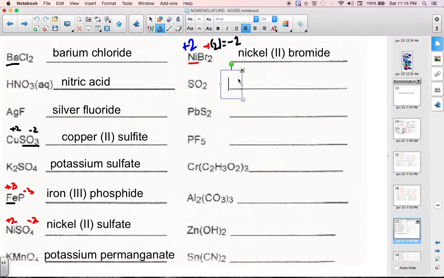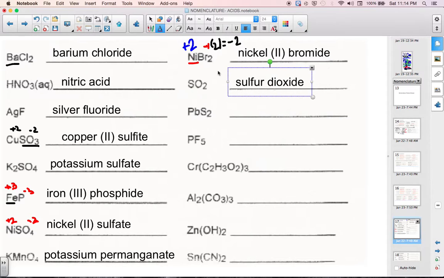So I need the covalent system. I have to remember that the covalent system requires me to use the Greek prefixes. So sulfur, the first element, stays as it is. The oxygen has a 2 on it. I know that 2 in Greek is di, so it's dioxide.